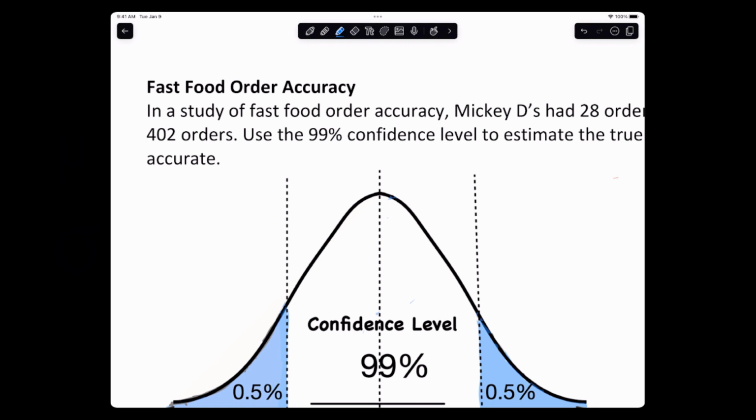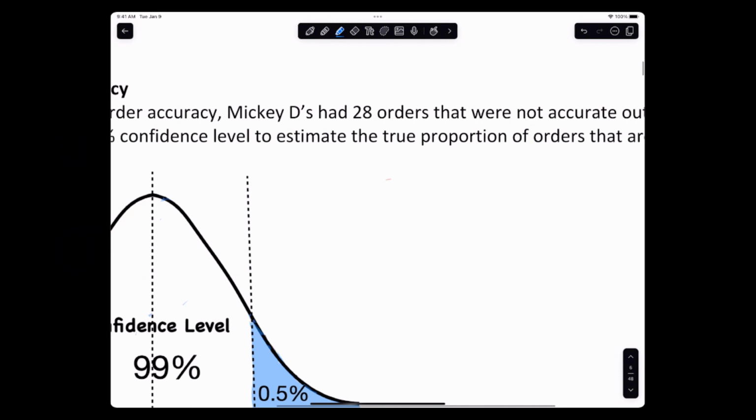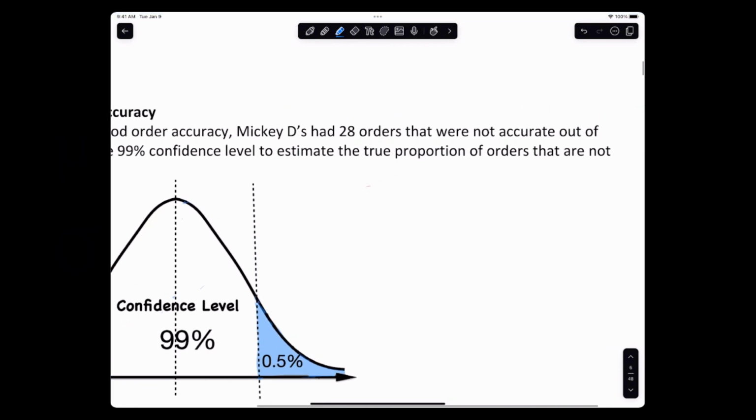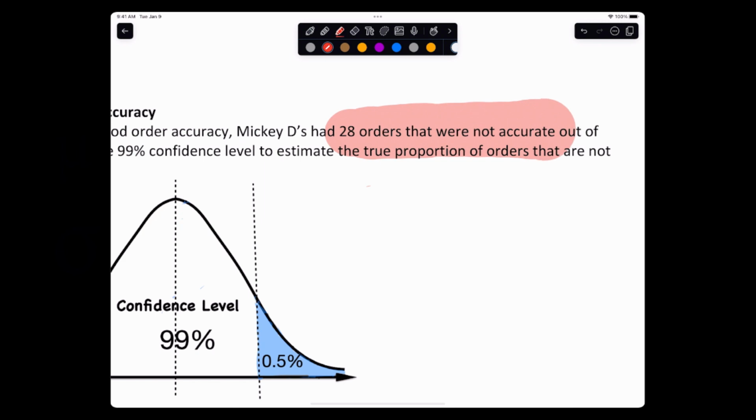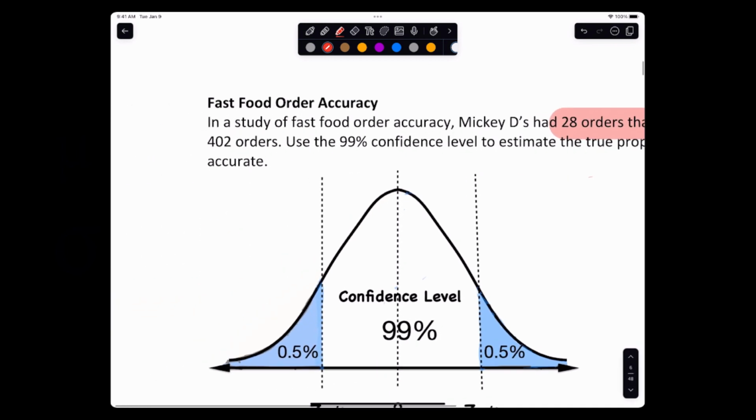But let's read this. This is a study on fast food order accuracy. All right. What does it say? Mickey D's. This is a study about McDonald's. Okay, Mickey D's had what? 28 orders that were not accurate out of 402 orders.